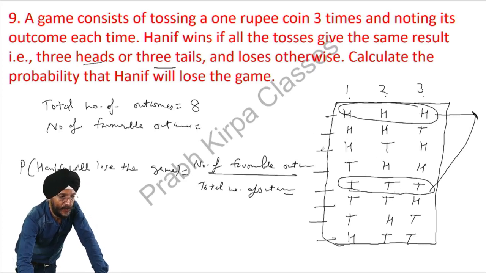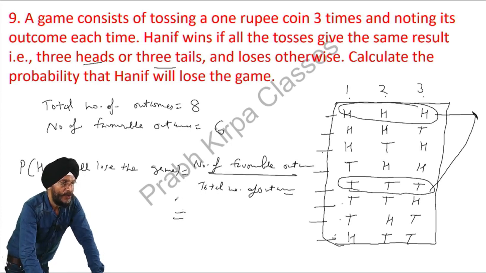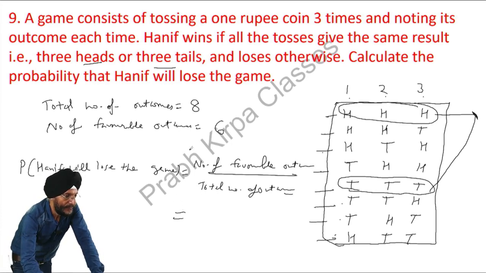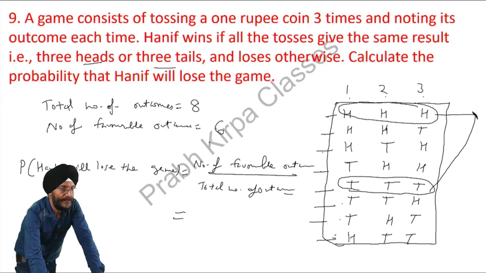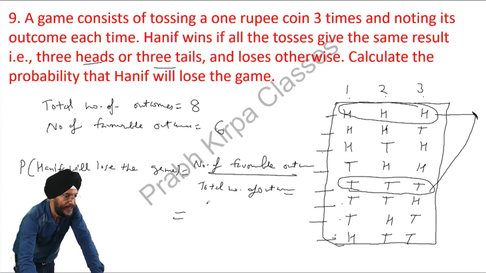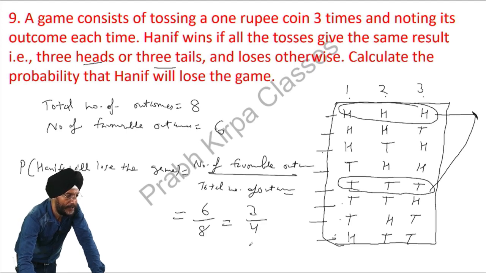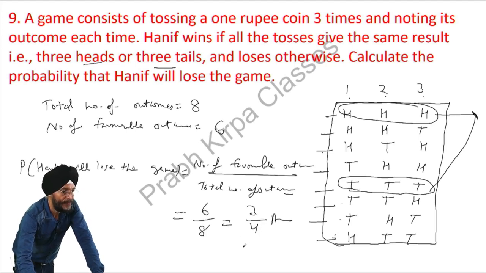The others are 1, 2, 3, 4, 5, 6. The number of favorable outcomes are 6 when he will lose the game. The number of times Hanif will lose the game are 6. It will be divided by 8. So the answer before us is 3/4. This is the probability.